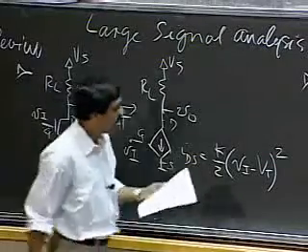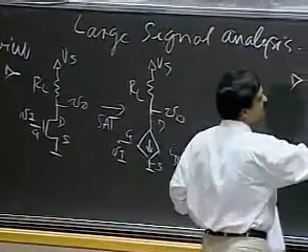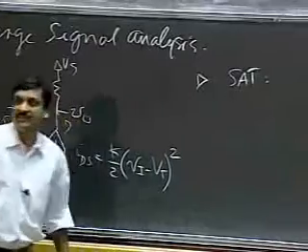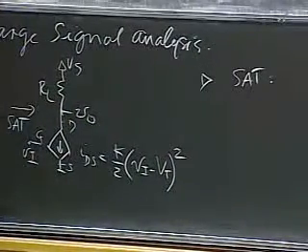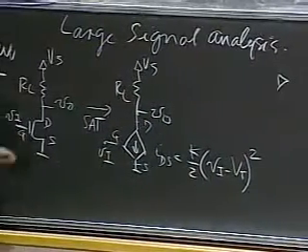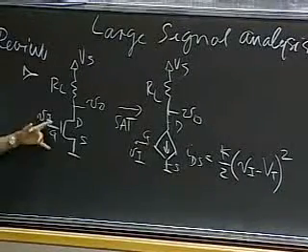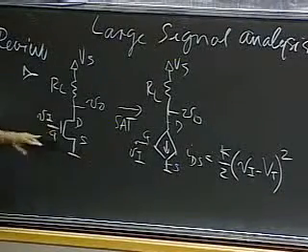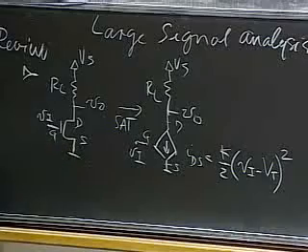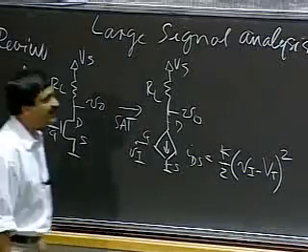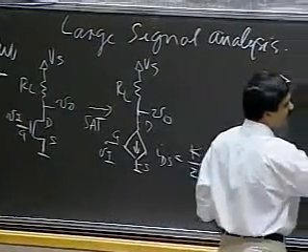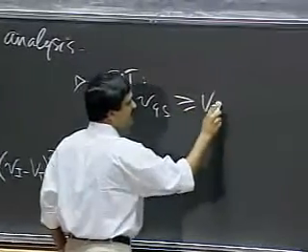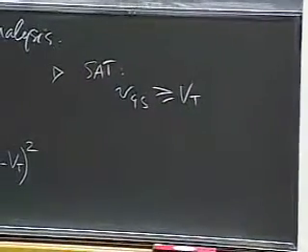Okay? And to operate in saturation, I said that certain properties need to be true for the MOSFET. There are two properties that need to be true for this to be operating in saturation. One is that its gate to source voltage needs to be greater than VT. So VGS for the MOSFET should be greater than VT.